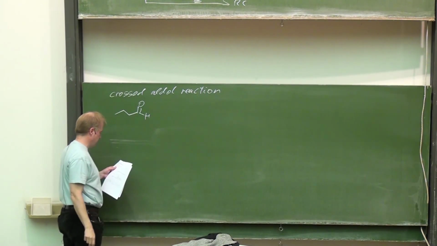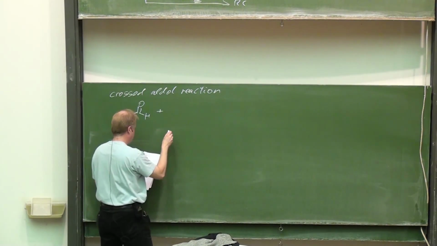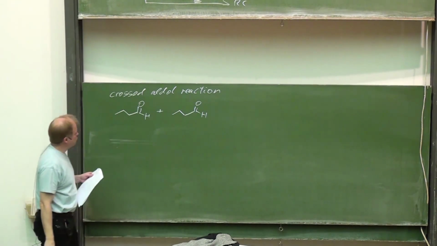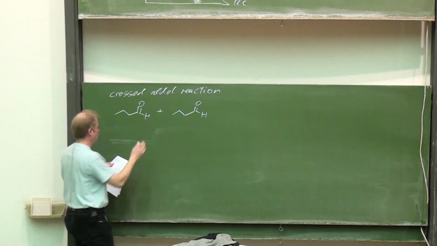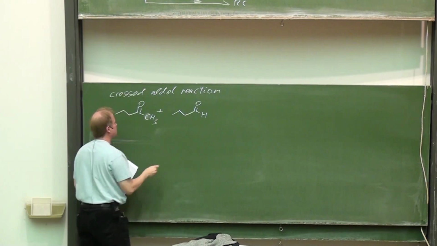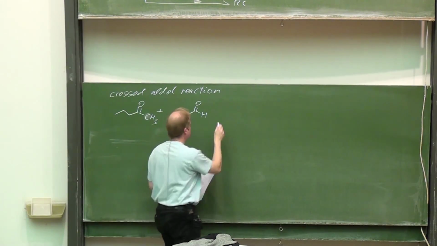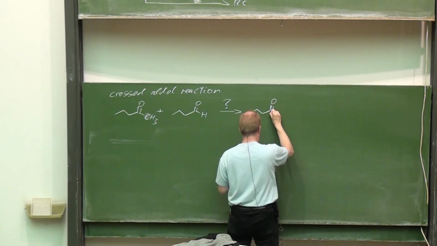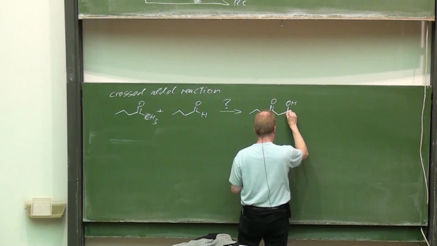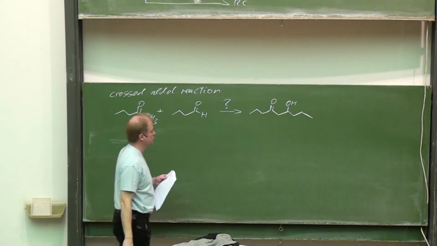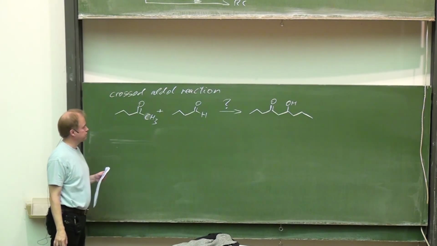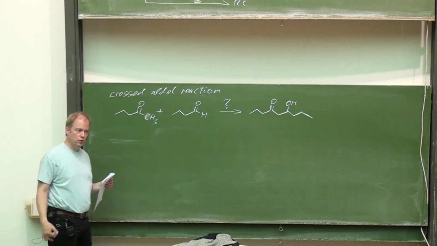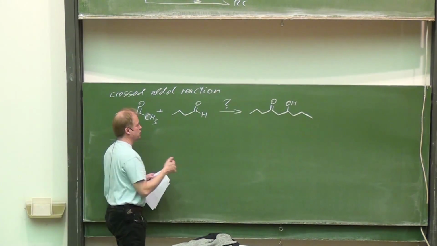Maybe we have a synthesis problem that we would like to perform a crossed aldol addition reaction of this ketone with this aldehyde to get to this aldol addition product. How should we choose the reaction conditions that we can achieve that?